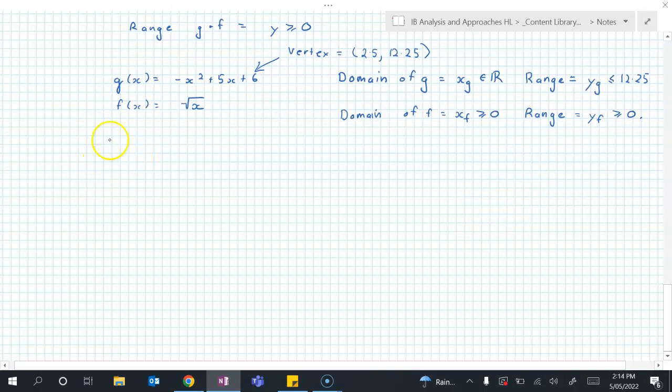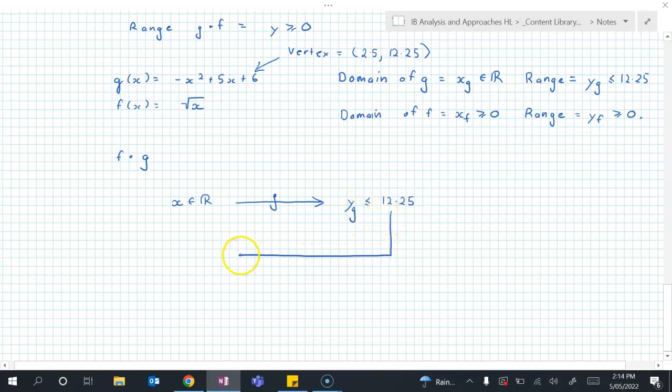Rather, let's do f composed with g. So g gets applied first, then f. So I start with my domain being x in the reals. And then under g, that gives me all the values less than or equal to 12.25. That includes a lot of negative values.